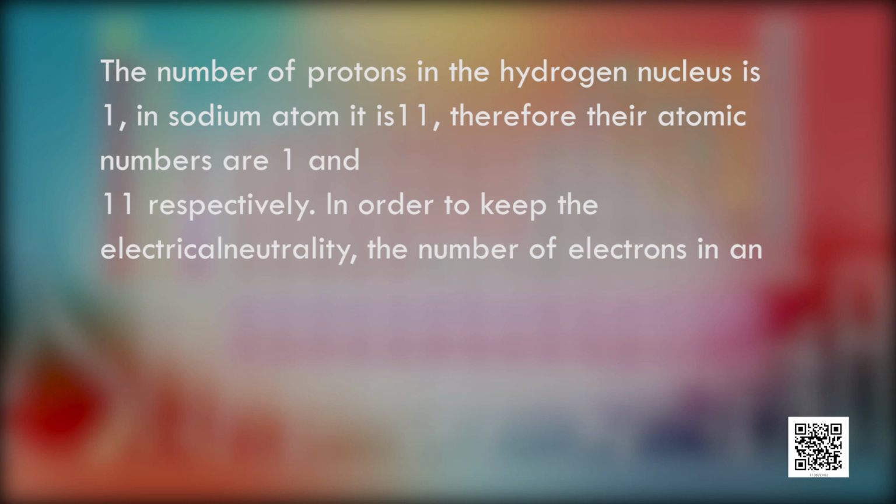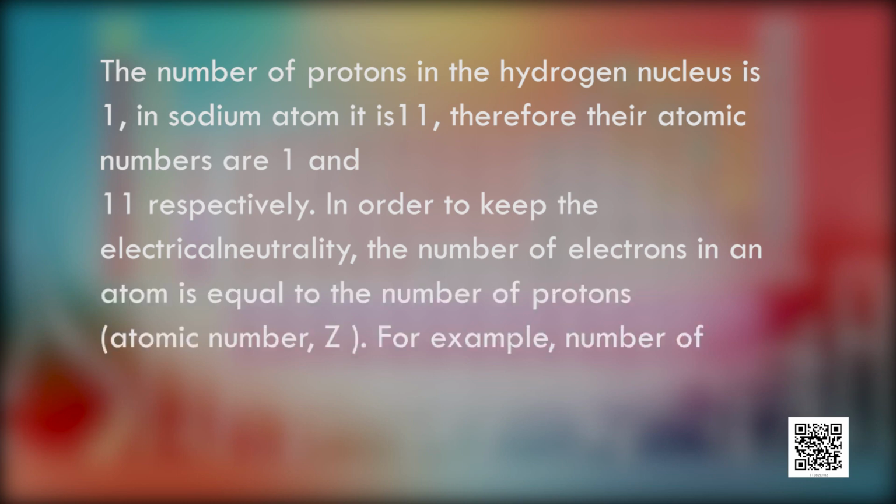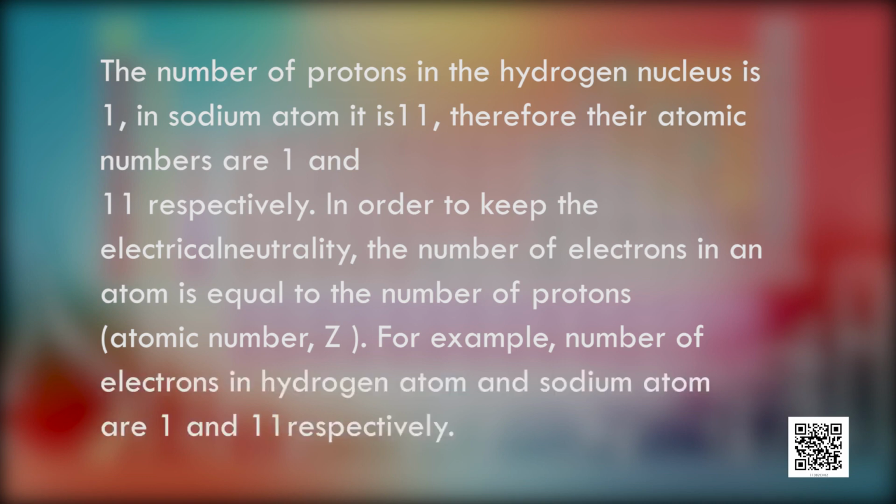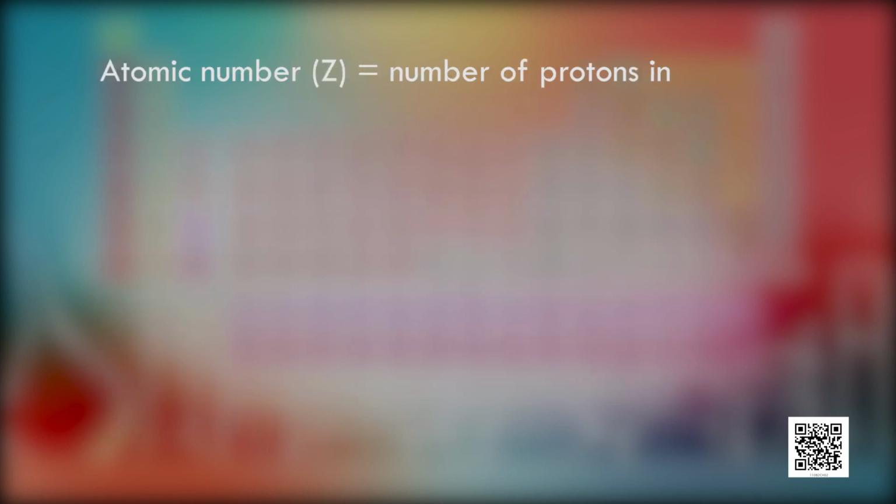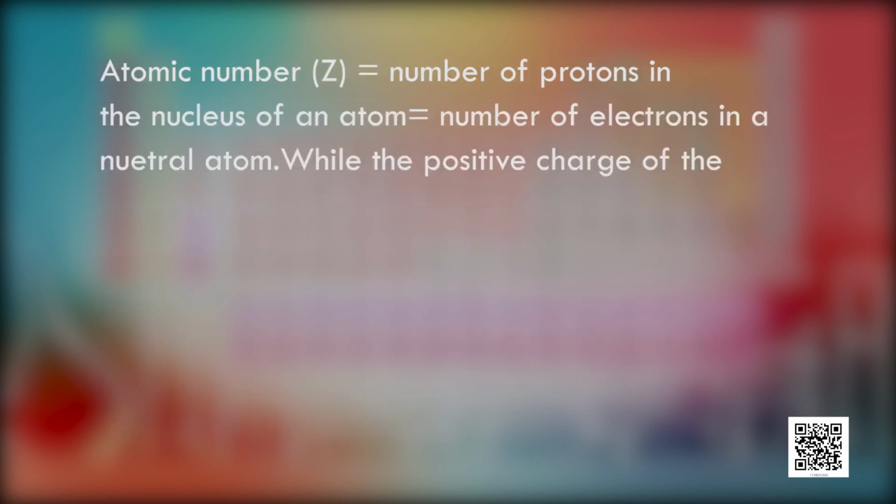In order to keep the electrical neutrality, the number of electrons in hydrogen atom and sodium atom are 1 and 11 respectively. So, the atomic number Z is equal to number of protons in the nucleus of an atom or number of electrons in a neutral atom.